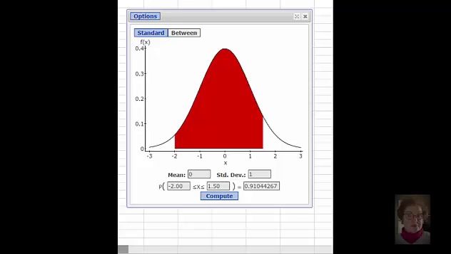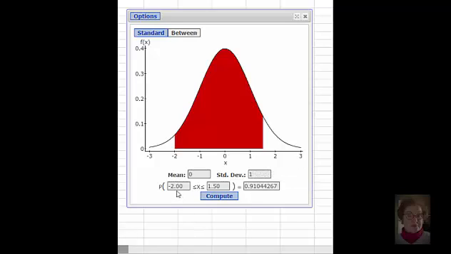Let's look at how we're going to do those backwards table A2 calculations. So again, we wanted to know the value of the 95th percentile. I'm still dealing with my standard normal curve, so my mean is still 0 and my standard deviation is still 1.